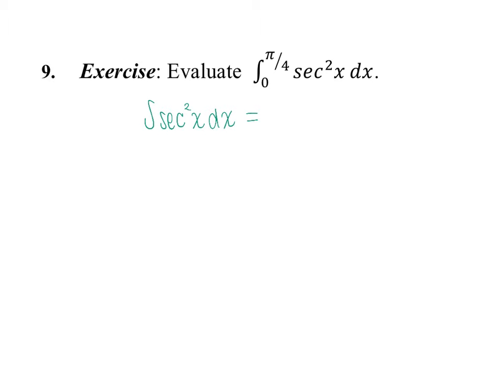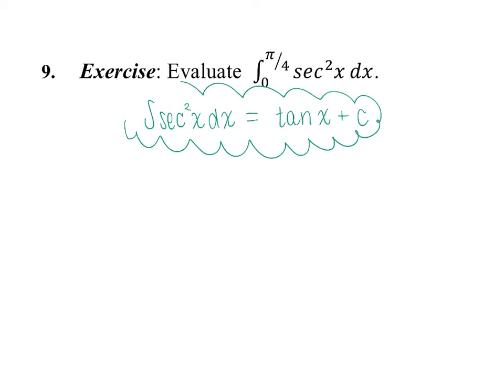And that's tangent. When you take the derivative of tangent, you get secant squared. So this is just general. This is one of your little rules here, that if you were to take the integral of secant squared, it's tangent. That's a rule. It's nothing you need to figure out on your own. That's something you can reference and use.